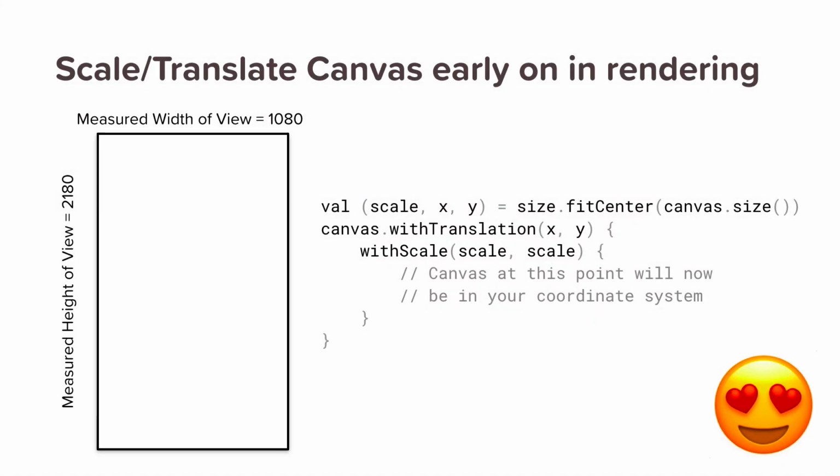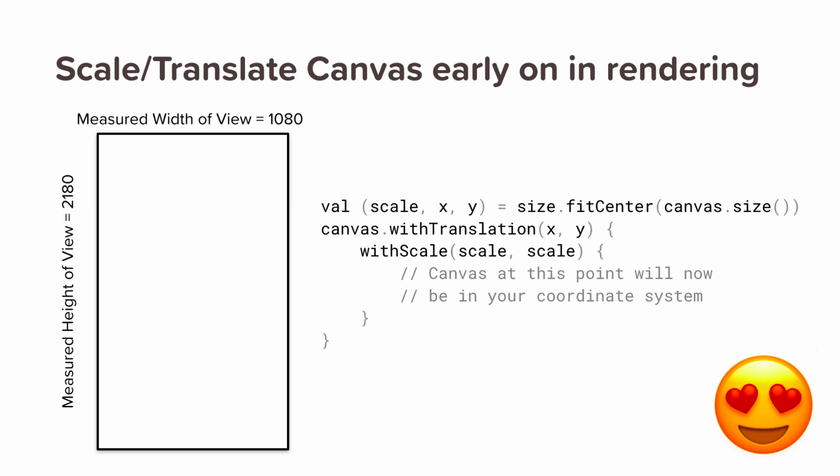So my suggestion is to scale and translate your canvas early on in your rendering flow. In this example, I have a size object, and that size is the size of my data class that I'm rendering on screen. So for instance, it could be my 0 to 100 size, so maybe it's 100 by 100.